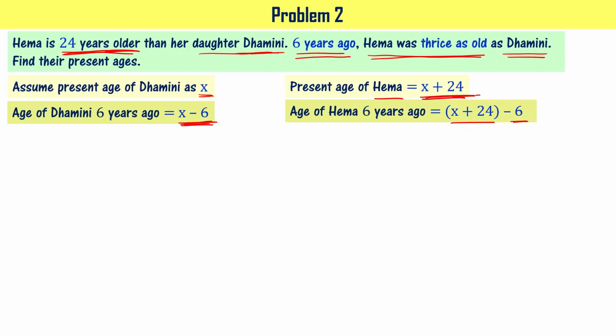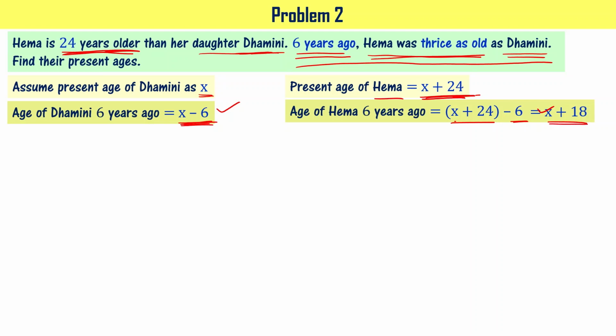Now, when you look at the second statement, it says that 6 years ago, Hema was thrice as old as Damni, right? It means that there is a relation between these two expressions. X minus 6 is the age of Damni 6 years ago, right? And the age of Hema 6 years ago was x plus 18, right?